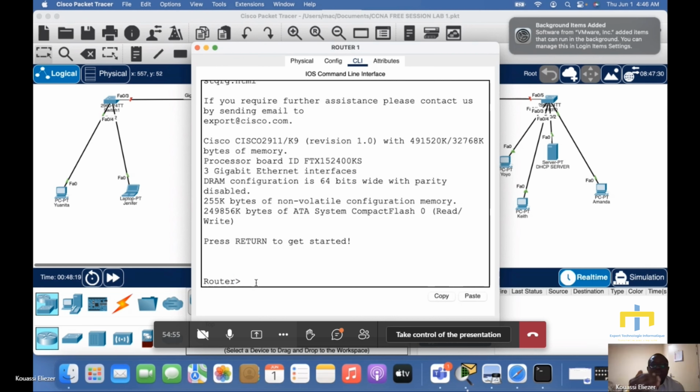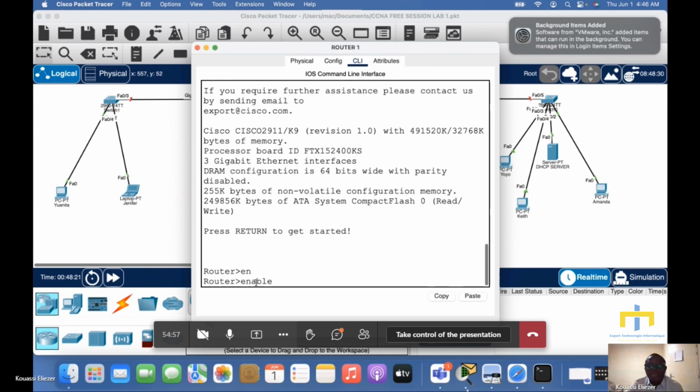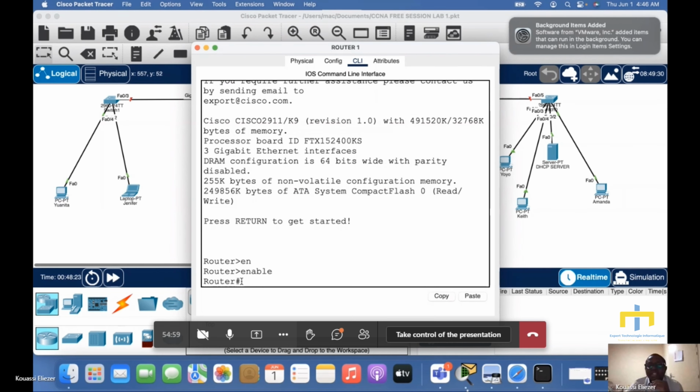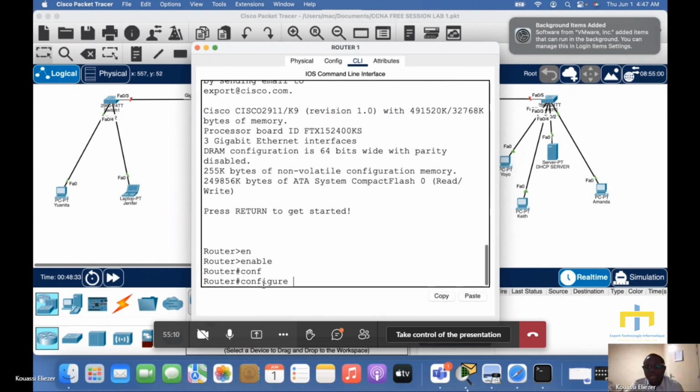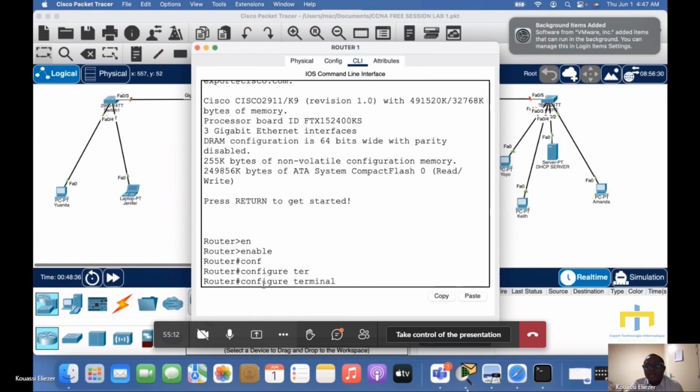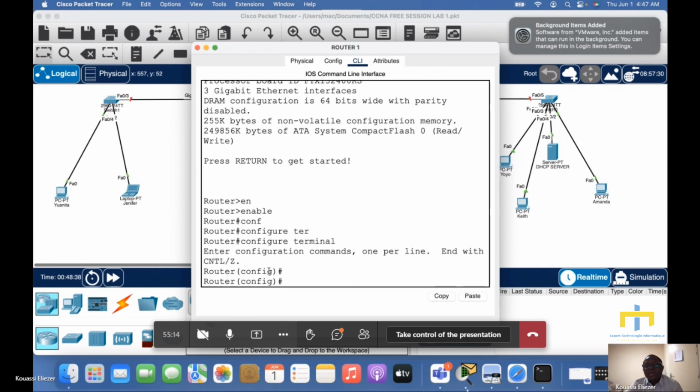Now when you want to move from user mode to privilege mode, you type enable, and when you press enter and you see this pound sign, it means you are in the privilege mode. So this is the second mode in order. If you want to get to the configuration mode, the third mode, you do configure terminal. You see, it changes now. You see, enter configuration commands. This third mode is where a network engineer's life is going to be. That is where you apply everything you want to do on a router.